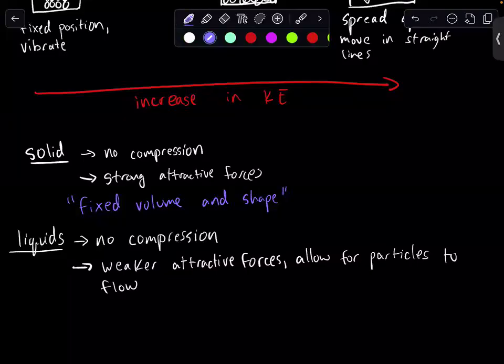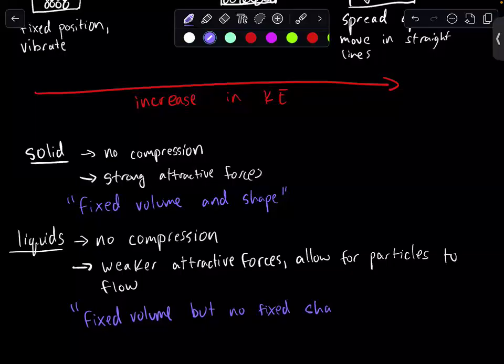When we talk about a liquid, we often say there is a fixed volume because, once again, we cannot compress it, but no fixed shape. If you go ahead and take your water bottle and empty it into a glass, you'll notice the water enters the glass in very much the same way it did before.